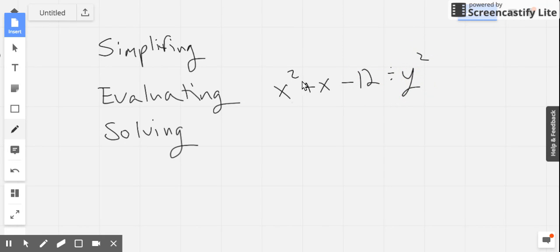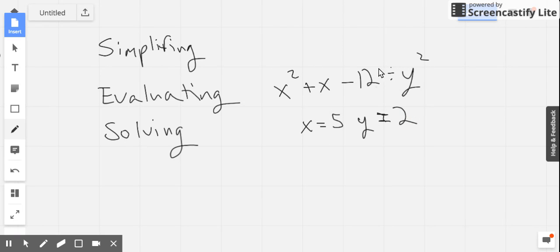Now, there isn't anything I can do with this by itself. There's no simplification available here. But I can evaluate if I know two things. If I know that x equals 5 and y equals 2. X equals 5, y equals 2.